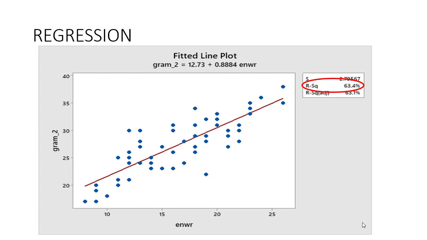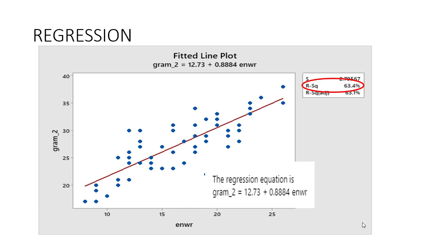Together with this information about R squared, notice that we also have a formula at the top, and I repeat it here at the bottom. It says that the regression equation is, and it gives us a value for grammar 2. Notice that we can use this equation to predict a value for grammar 2. In this case, we have 12.73. This is what we call the constant. And we have 0.8884.